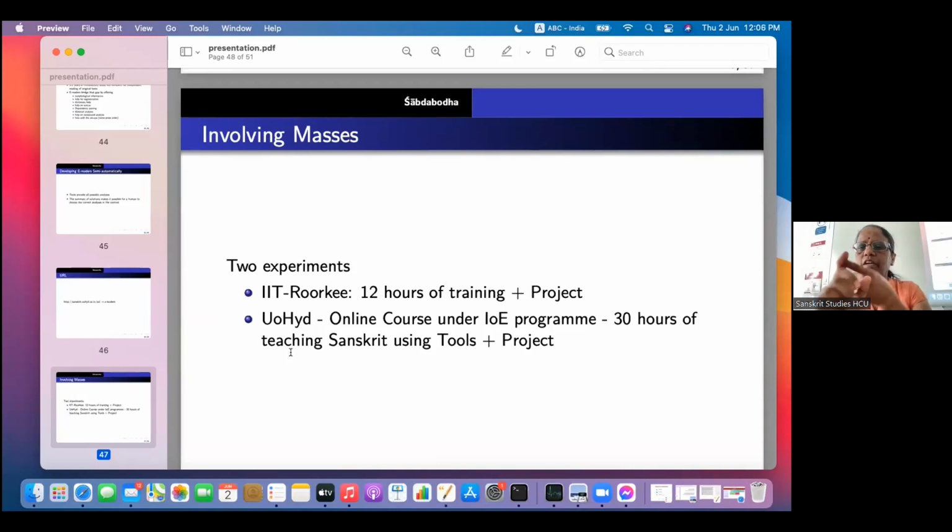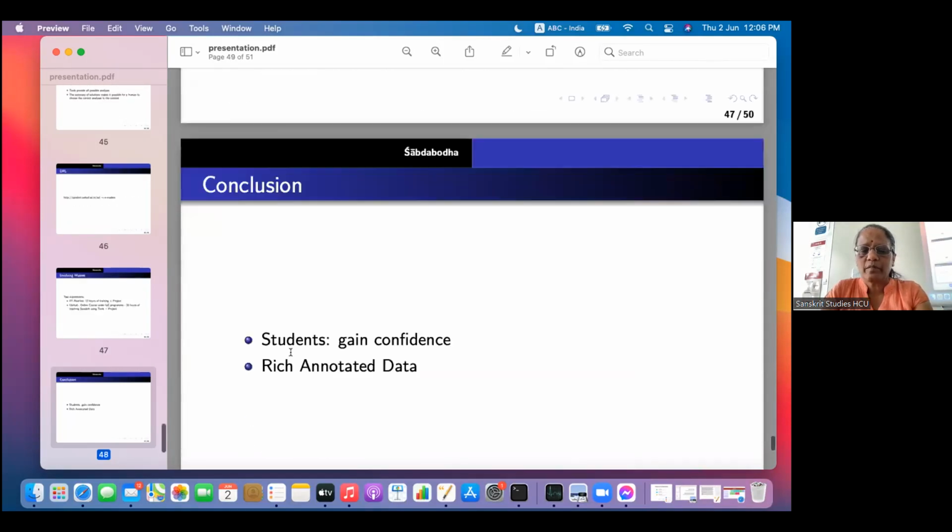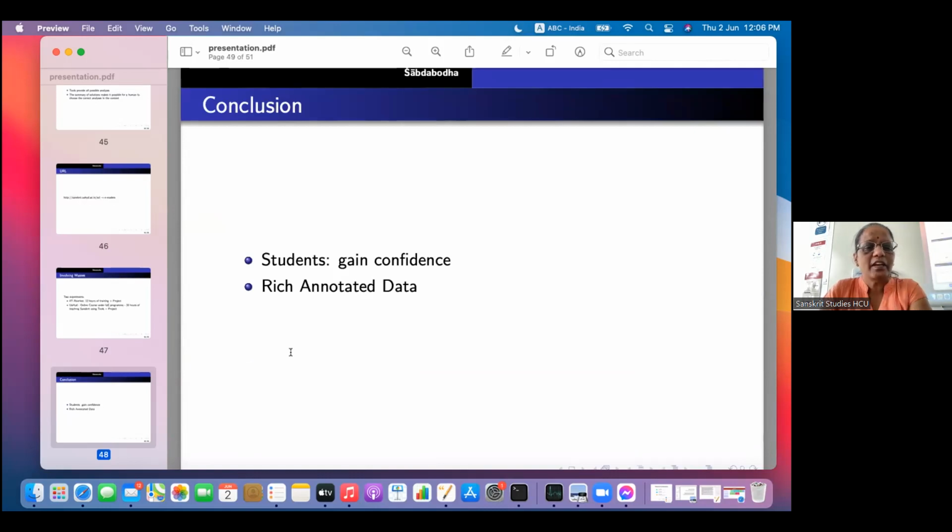Second, we can use it to train machines using machine learning algorithms to make the system perform better and better. And what we have found is students really gain confidence, and we get the rich annotated data with this.